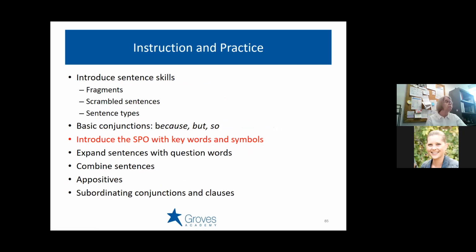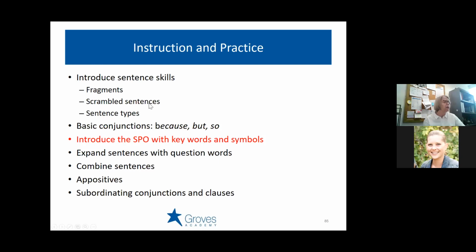So, for order, what I recommend, and what we usually start with, and we use this program at Groves in our school, is we start with fragments. Introducing: can you tell the difference between a fragment and a sentence?